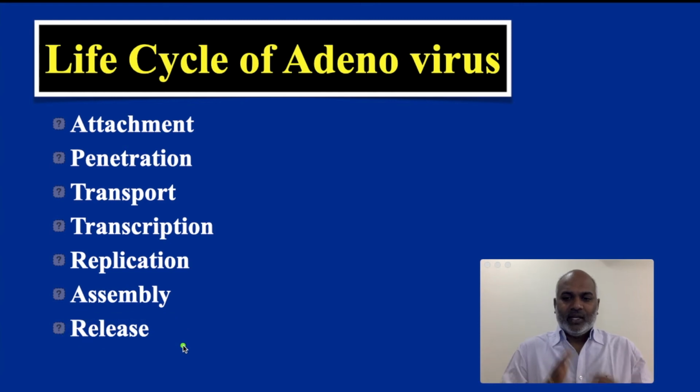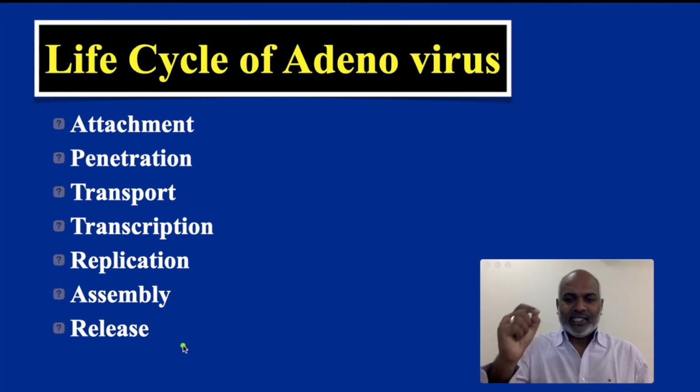Initially, this virus, after transmission, binds to the host cell, particularly upper respiratory cells or inside the intestinal cells. Then after that, it will undergo penetration. Then once it reaches the cytoplasm, from the cytoplasm it goes to the nucleus where it delivers its double-stranded DNA.